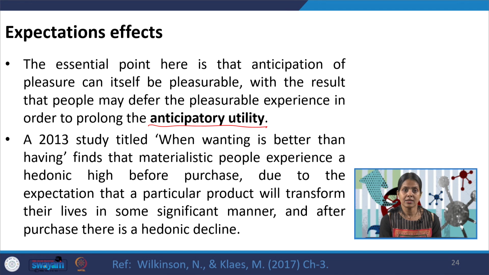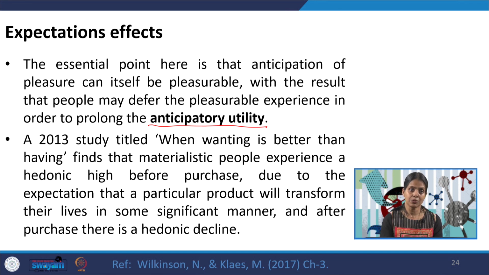A 2013 study titled "When Wanting is Better Than Having" finds that materialistic people experience a hedonic high before purchase due to the expectation that a particular product will transform their lives in some significant manner, and after purchase there is a hedonic decline.